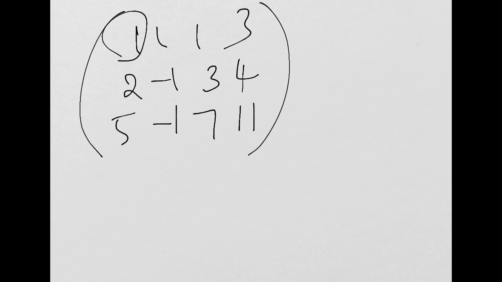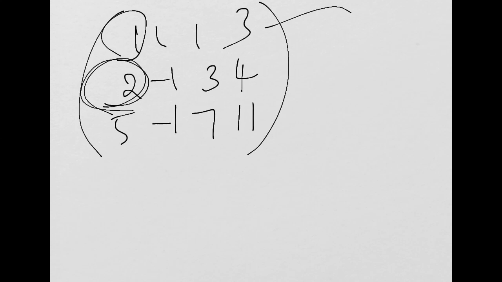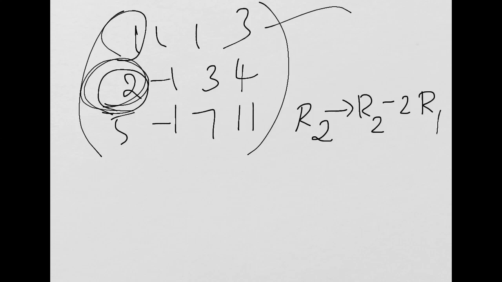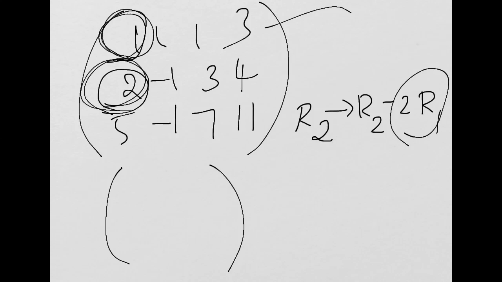The first element happens to be 1, so I'm not going to touch this row. Let me go for the second row. I want a 0 in this place. So I'm going to say R2 can be written as R2 minus 2 times R1, because I'm checking with this 2 at 1. Which means, can I just multiply the first row with 2 and subtract from this?